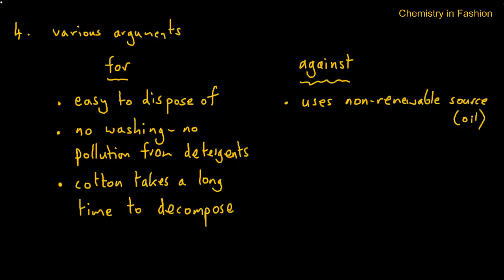As the calculation is that we reached peak oil, the maximum oil production, way back in 2005, 2006. Calculations vary, but it's a non-renewable resource that we use for PVOH. And if we compare it again to cotton, cotton is renewable. In other words, we can use it again and make a little more clothes from it. So those are some of the arguments for and against the use of PVOH.